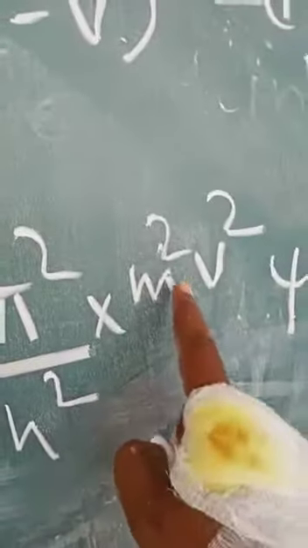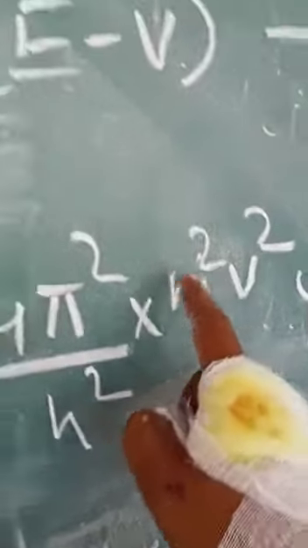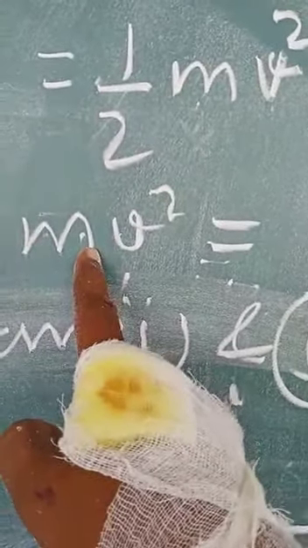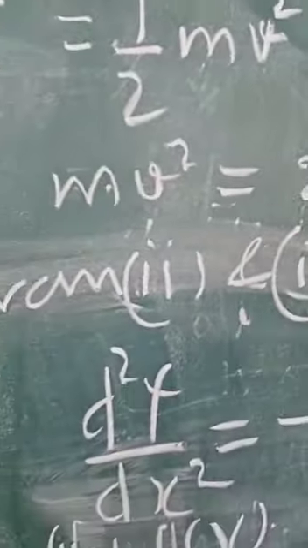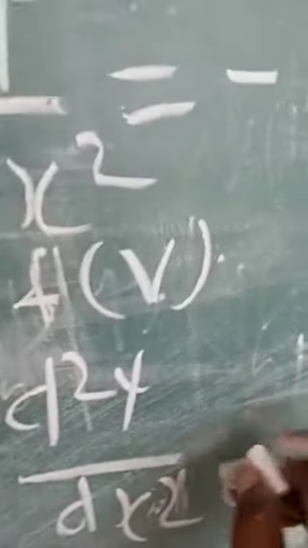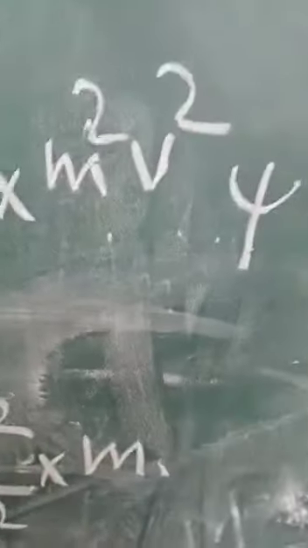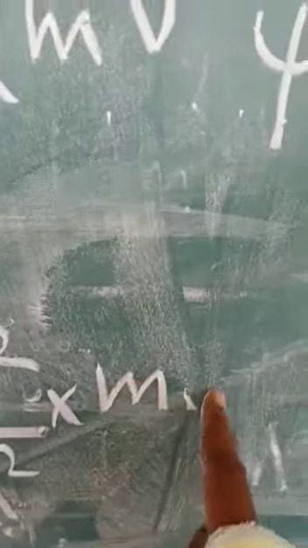Students, see here m square v square, that is from fourth, putting the value of mv square, we find d square psi upon dx square equal to minus 4 pi square upon h square into m square v square, written as m into mv square psi.